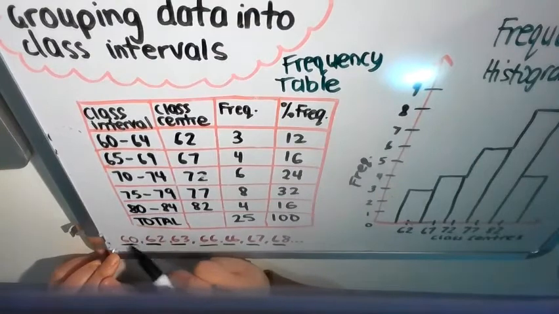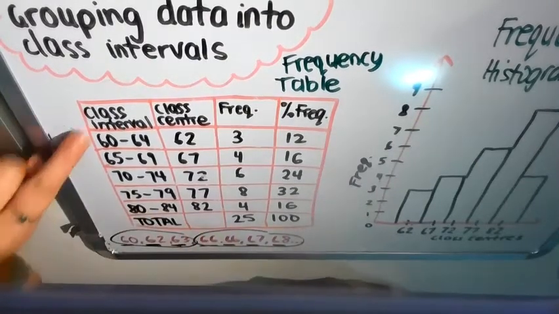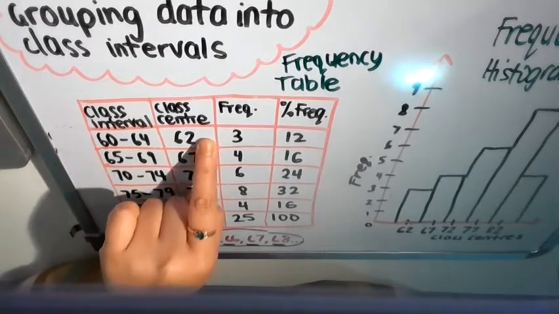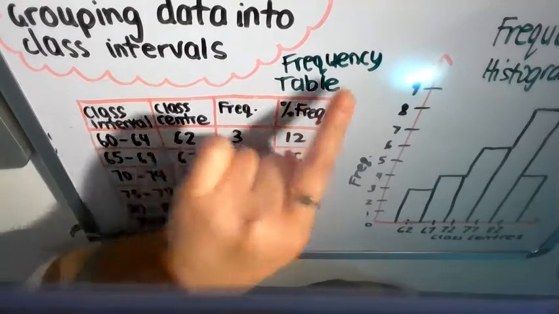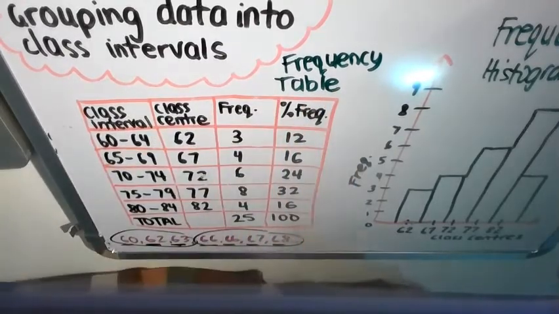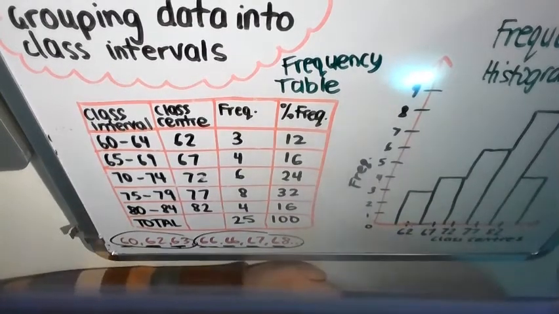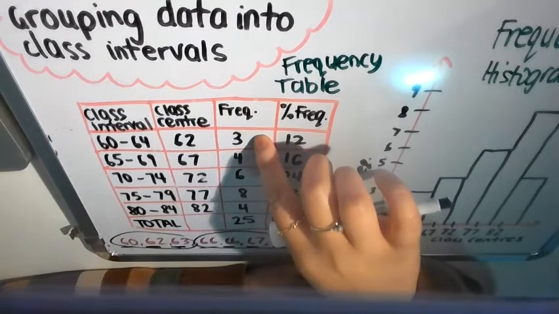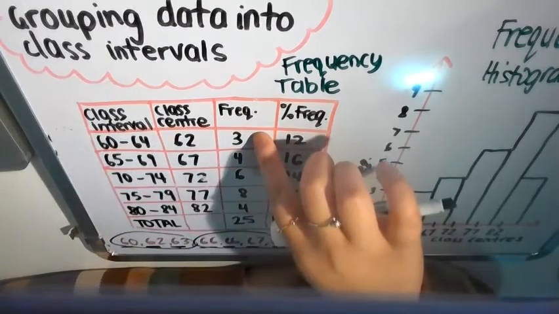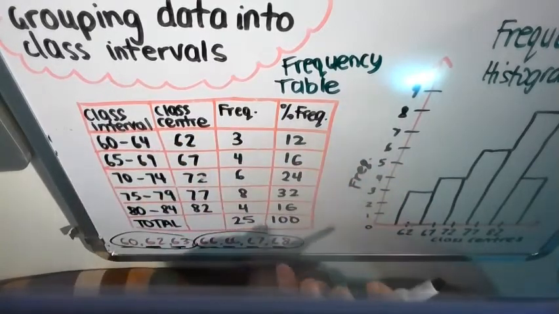Group them into class intervals, write the class interval, calculate the class center, tell me how often they appear, and in the last column, the percent frequency. That is basically the percent of that particular class interval compared to the whole amount of scores.